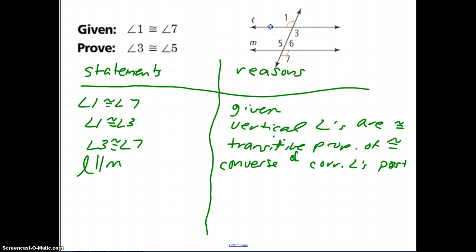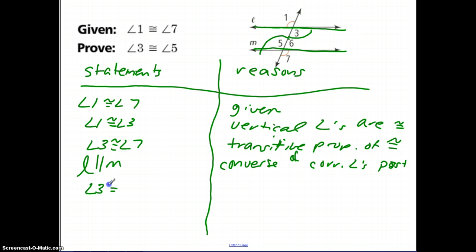Now I know these two lines right here are parallel, which means I can use any of my angle pairs now, not just my vertical angles. I can use them all. Well, since these lines are parallel and my goal here is to find out something about angle 3 and angle 5, well, that is one of my angle pairs.